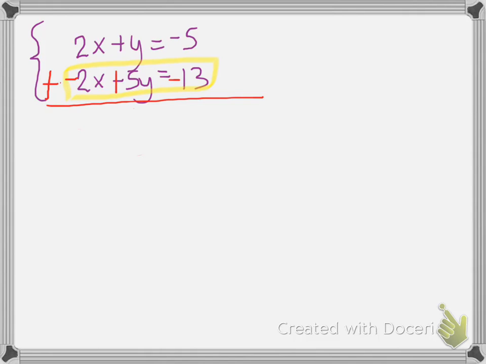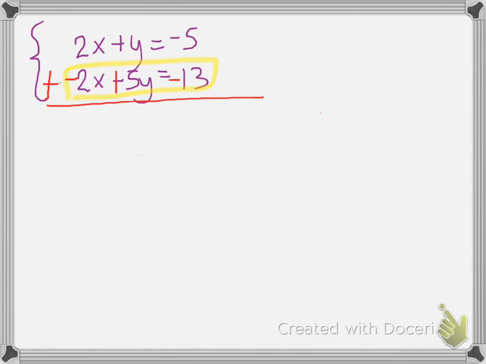You can also think of it as when you subtract a negative. If I subtract a negative 5, subtracting a negative 5 is the same as just adding 5. Okay, so for me it's easier to not think of it as subtraction and to always add and just change all my signs if I need to.